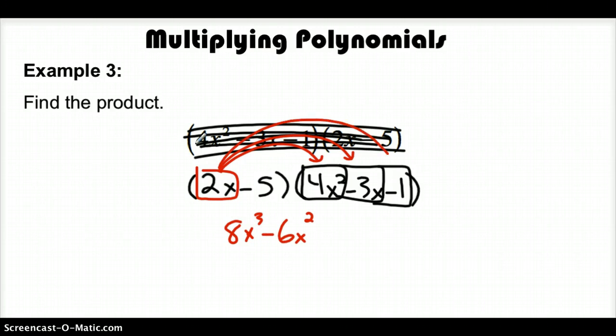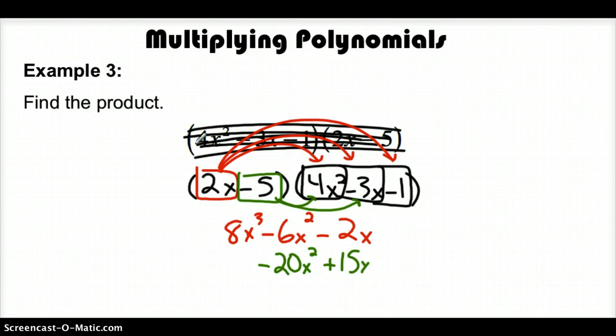And then finally 2x times -1 will just give me a -2x. Okay, when I go ahead and take this -5 and multiply it by each term here, again, -5 times a positive 4x squared will give me a -20x squared. And then -5 times that -3x will give me a positive 15x. And then -5 times -1 will give me a positive 5.